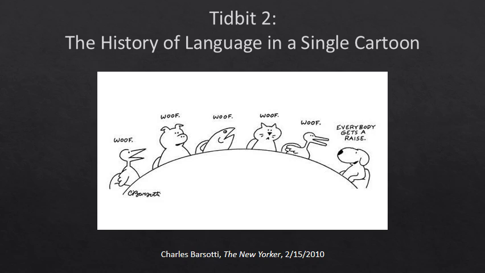In a single cartoon, you've got a duck, a pig, a fish, a cat, and another kind of bird. And they've all said woof, and they're all looking at the dog who's in an armchair. That means the dog is chairing the meeting. And the dog is not saying woof, he's saying, everybody gets a raise.